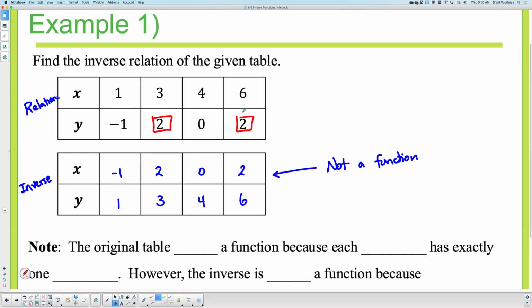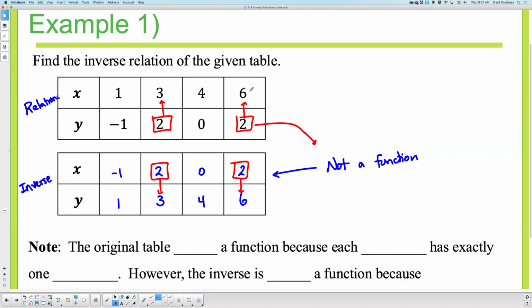Each member of the range has to have one and only one member of the domain for an inverse. Well, this has a domain value of 3 and a domain value of 6. Therefore, the inverse is not a function. And if you see down here, you'd see the two x's produce different y's. So it's not a function.